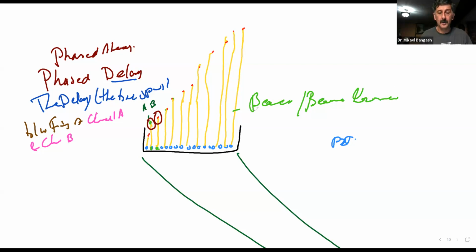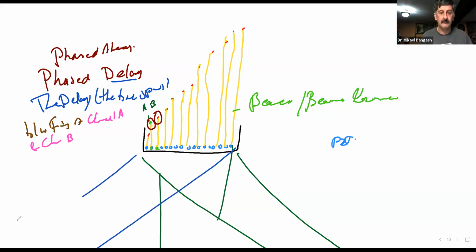Because all of it is dependent upon how this beam former sends out the signals to the PCTs. That will determine whether the beam is going to be steered in this direction, steered straight, or steered in this direction.